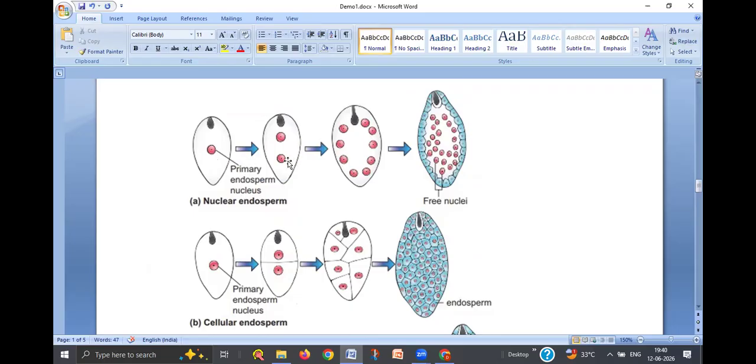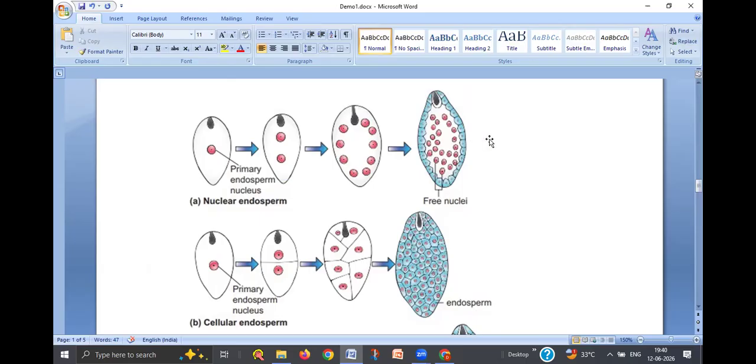There is no cell division or cytoplasmic division, only nuclear division. This is called free nuclear division, and there are free nuclei. There is no cell wall formation here. Usually we find this condition in coconut. What is coconut water? That is nothing but the nuclear endosperm.